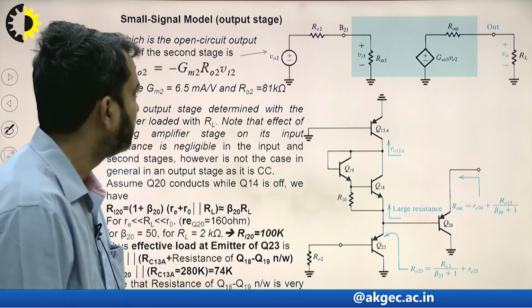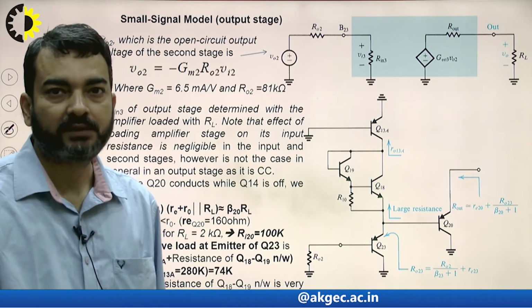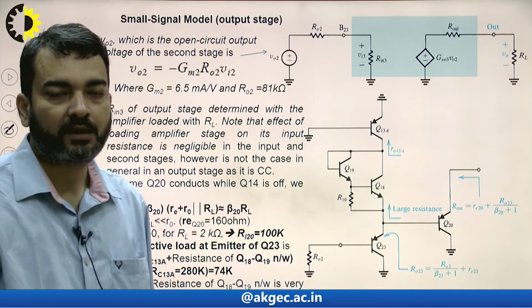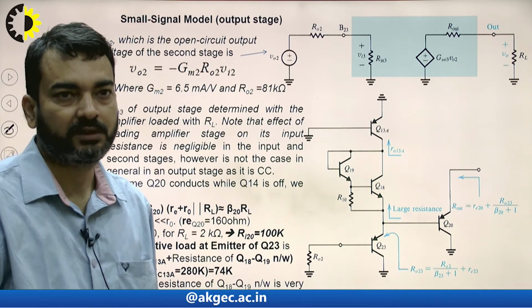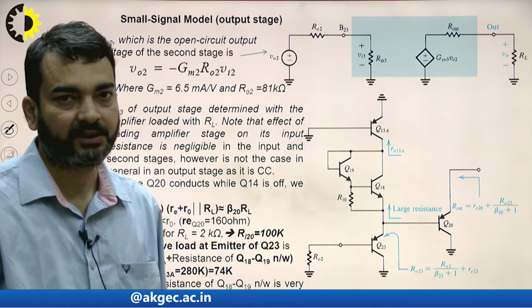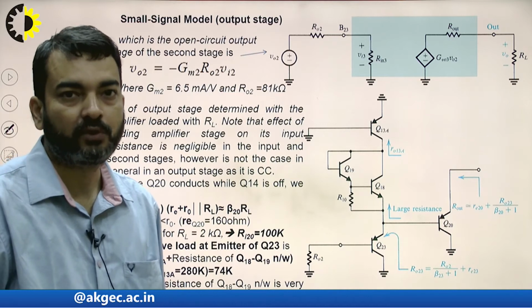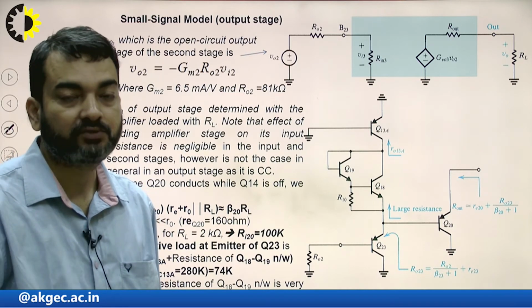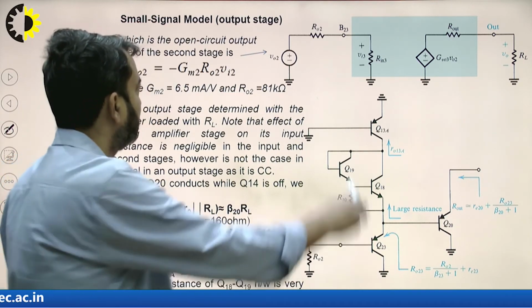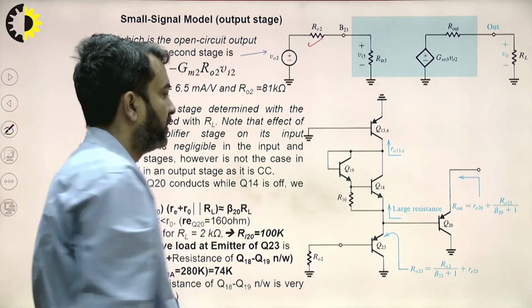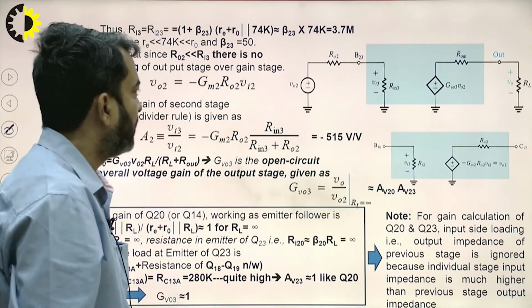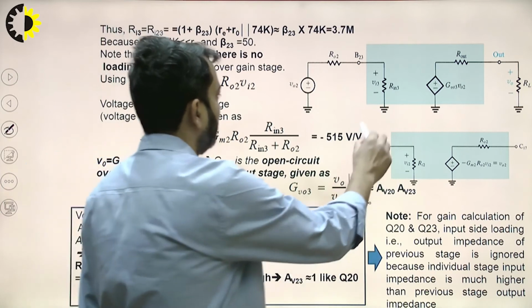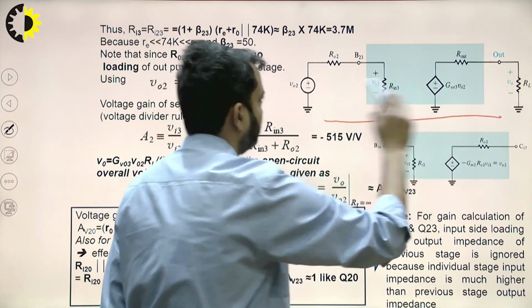Okay, coming to the last stage. For the last stage, for gain calculation, input impedance and output impedance, we have considered the loading of the gain stage over the output stage, and we have obtained the net model, this one.